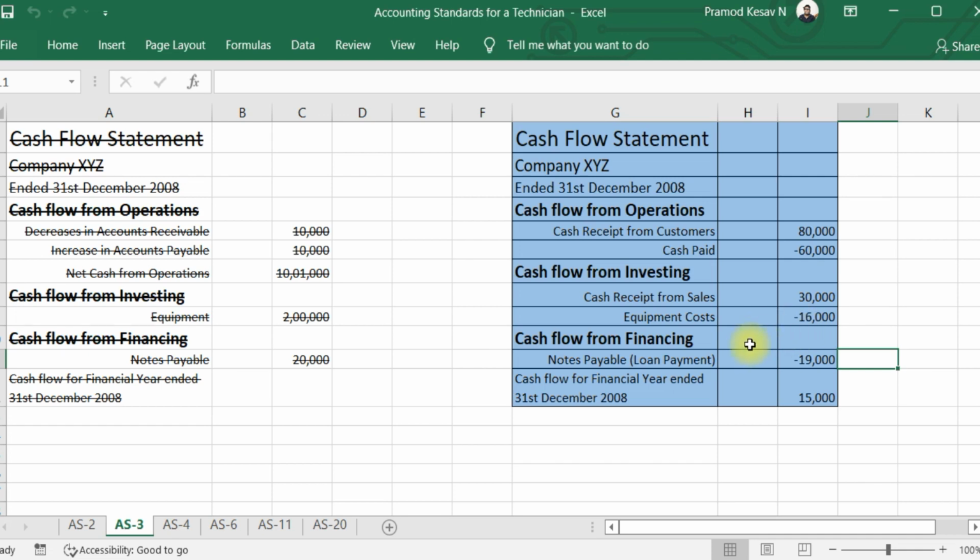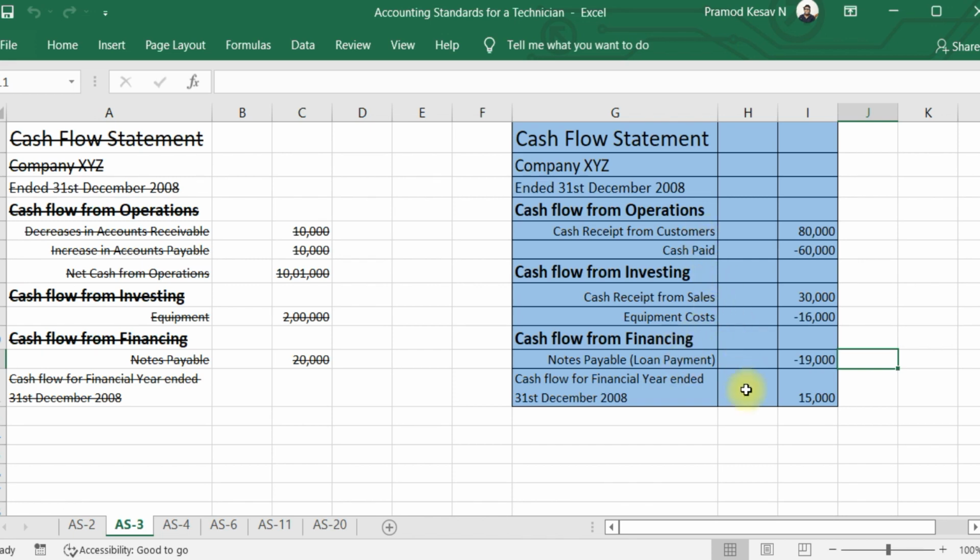Next is financing activities. After investing in equipment, the company has some money left over to pay off debts. This is normally represented by numbers enclosed in brackets, indicating a negative amount. Net cash flow is the sum total of all amounts in all the sections mentioned above.